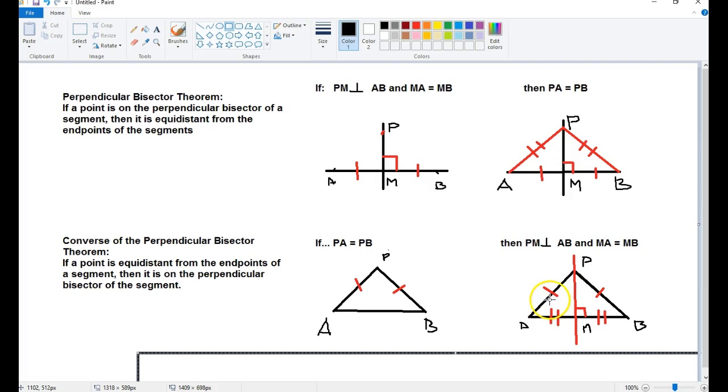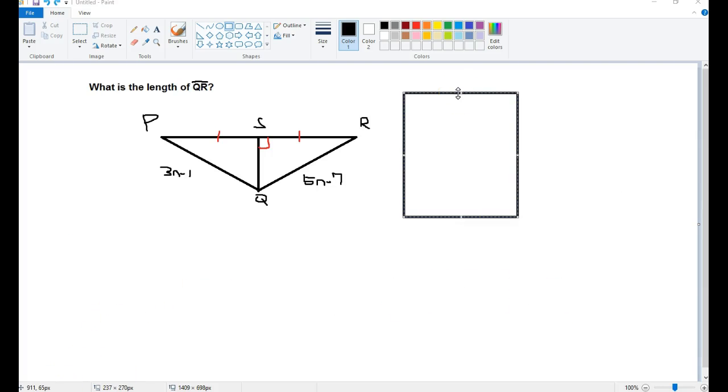So let's go through an example of some questions you might be asked for this. Okay, in this example, we're given a triangle and we're asked to find the length of QR here. So we're told that this line is perpendicular to here, and that these two segments are congruent.